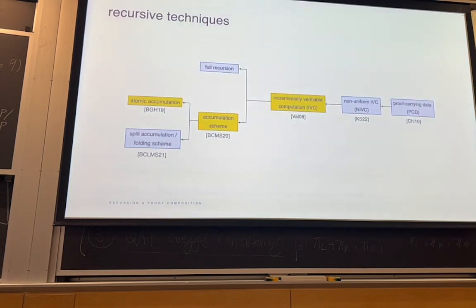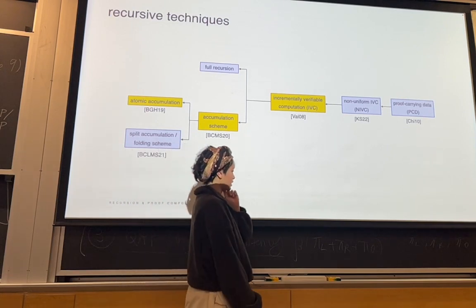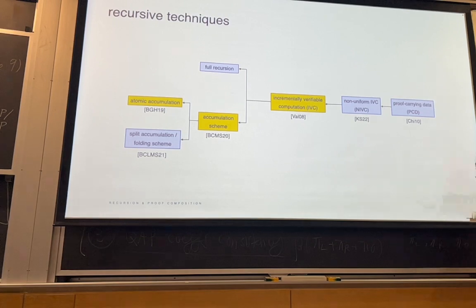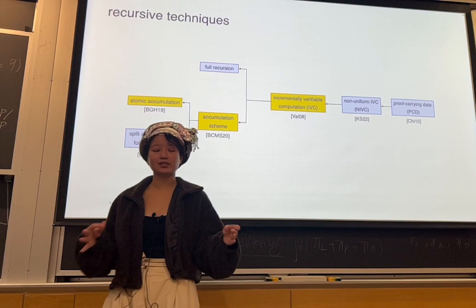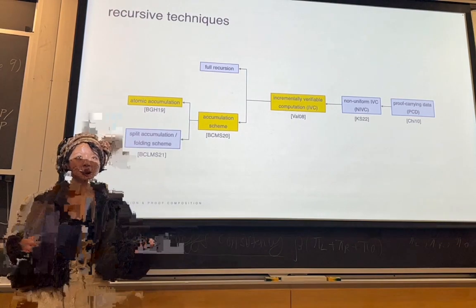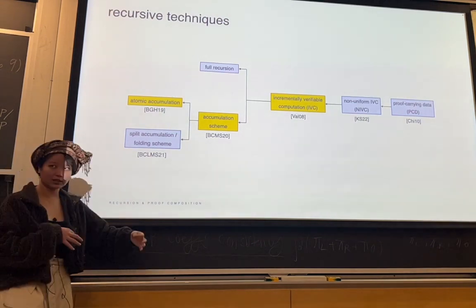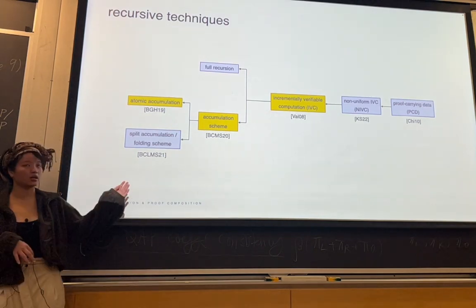So that was full recursion. There are actually other ways to achieve recursion-like behavior, even without fully sublinear verifiers. So for example, the inner product argument has a linear size verifier. And yet, we're able to use it to achieve incrementally verifiable computation. How we do this is we instantiate something called an accumulation scheme.